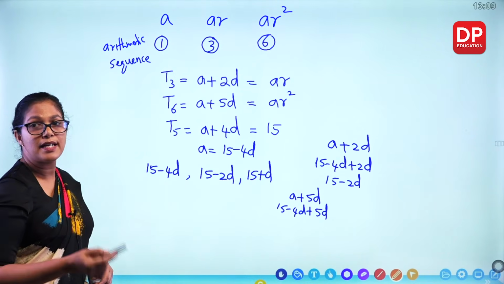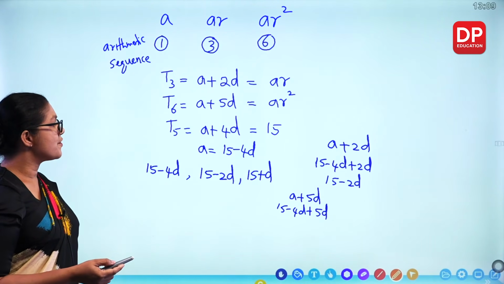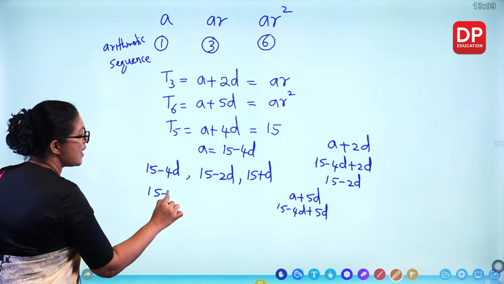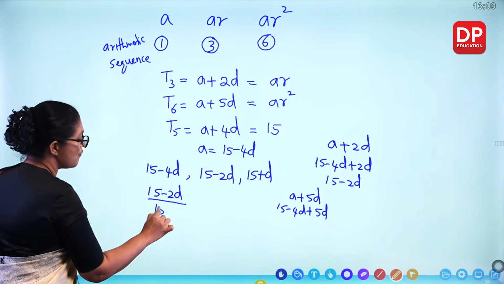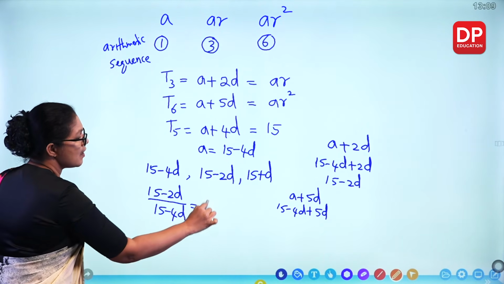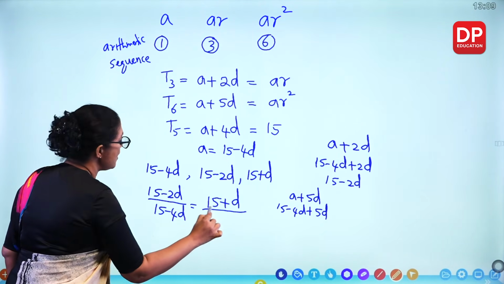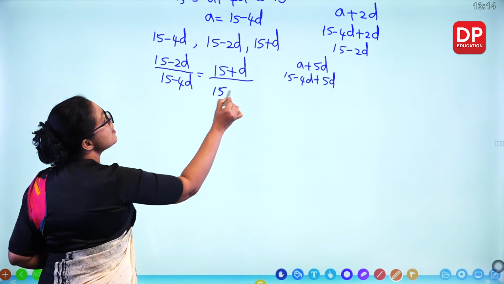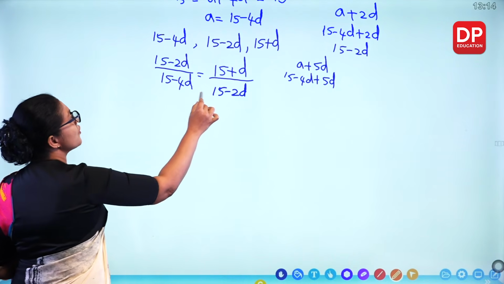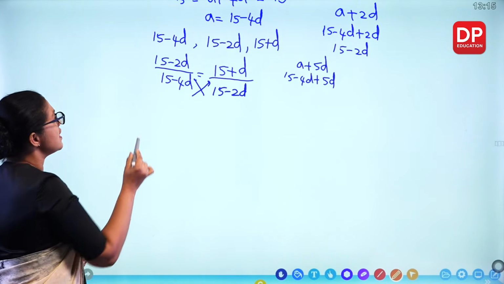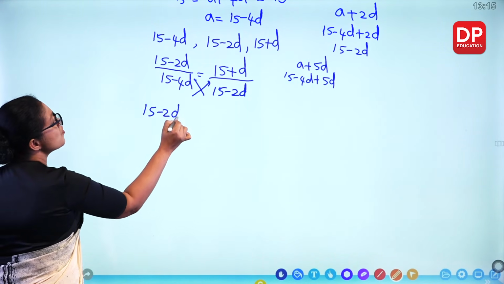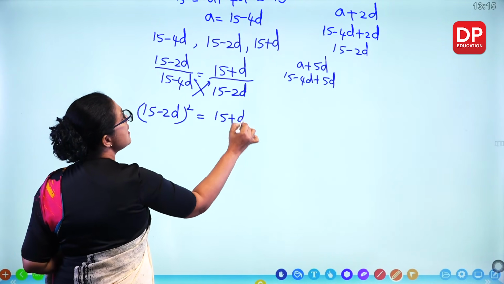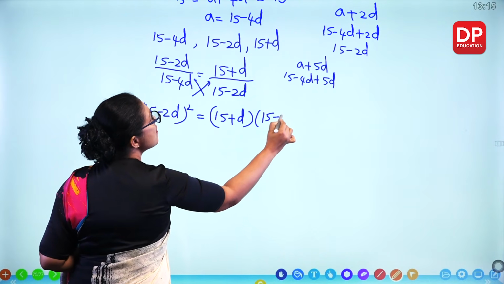We know these are three consecutive terms of a geometric progression. So the ratios are equal. So I can write (15 minus 2d) over (15 minus 4d) is equal to (15 plus d) over (15 minus 2d). Now cross multiply and you can find d. I can write (15 minus 2d) squared is equal to (15 plus d) times (15 minus 4d).